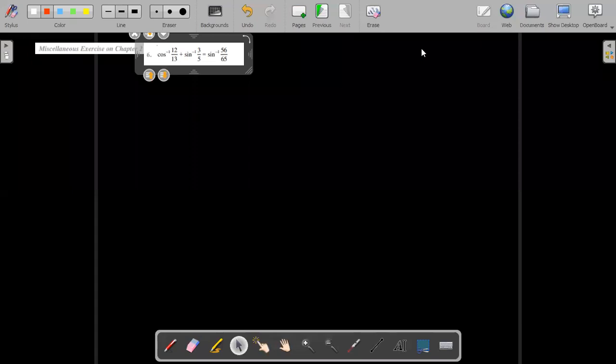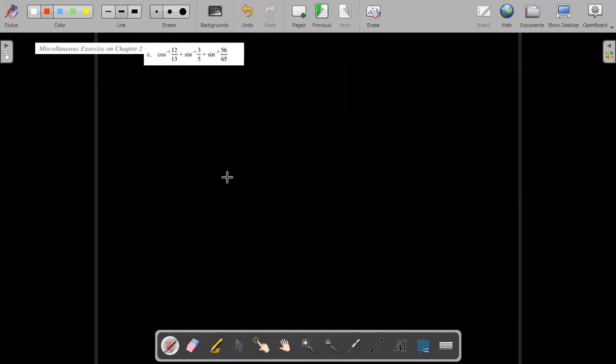Here we have left hand side cos inverse and sine inverse, and right hand side is sine inverse. So we will take left hand side. Obviously, left hand side is the expanded one. So we have cos inverse 12 by 13 plus sine inverse 3 by 5. So this cos should be converted into sine, and then we will use the formula for sine. So how to convert: cos inverse 12 by 13 is equal to theta.